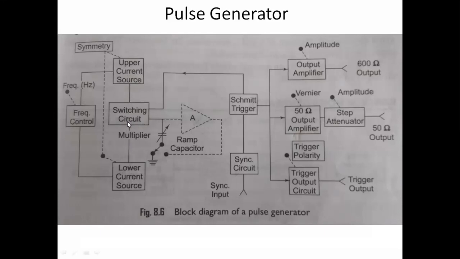In place of the integrator, we have a Schmitt trigger. The Schmitt trigger will produce the hysteresis output. I think you know the operation of the Schmitt trigger. Okay.